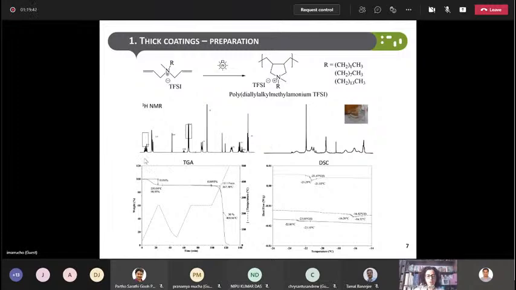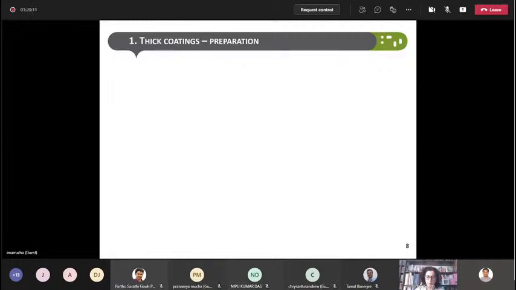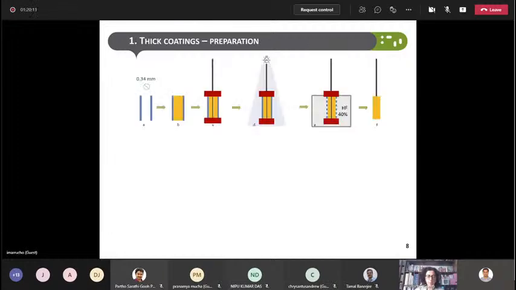We checked here if everything was going okay in the NMR, and everything was fine. And here you also asked me about TGA and DSC, and this is for DNTF2. We can see here the melting points and the glass transition temperatures that are much lower than room temperature, so that it does not melt inside of our GC.